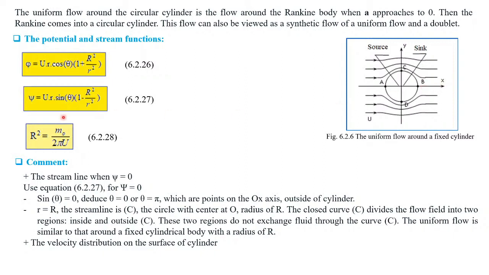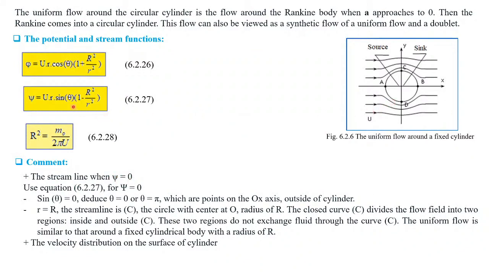And another, for sine theta equals 0, theta equals pi. That means this line on the x-axis from minus infinity to minus R, outside of the cylinder. So this line and this line are the streamline when psi equals 0.